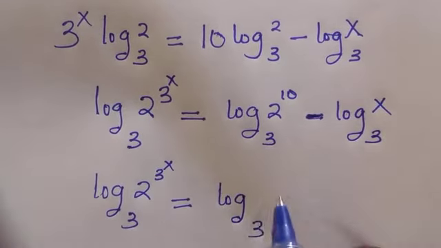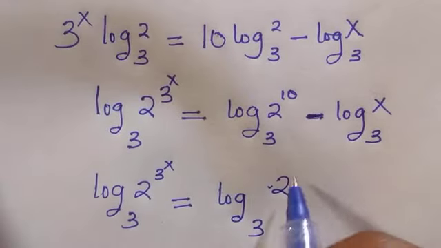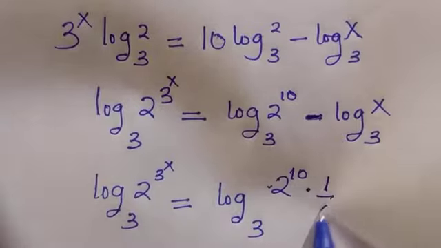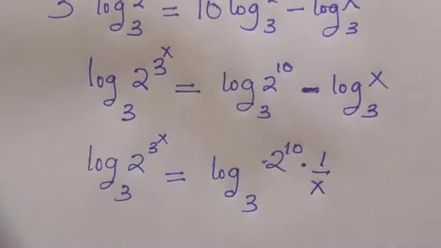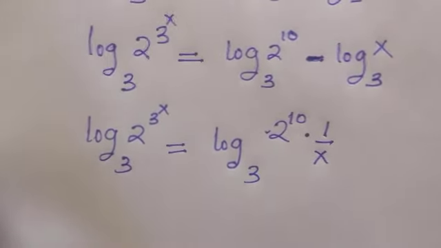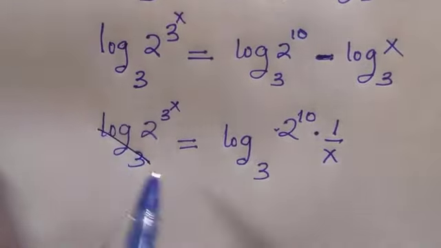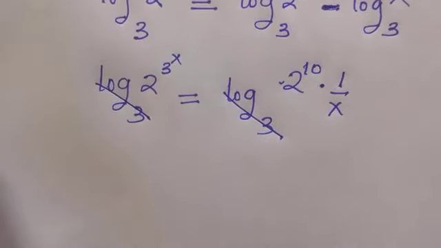So which means we take the base and we divide the log of 2 raised to the power 10 by x, or we can just call it multiply by 1 over x. So on getting to this stage, both of them are having log of base 3, so they cancel each other.